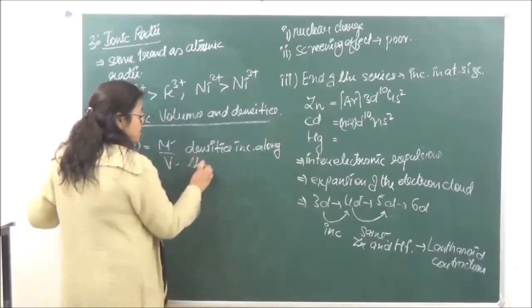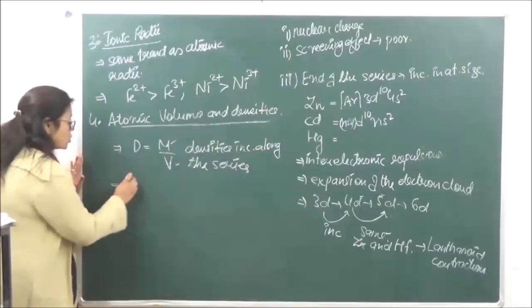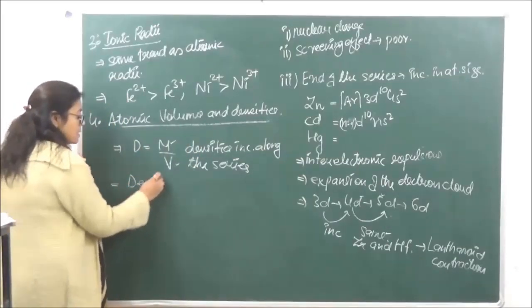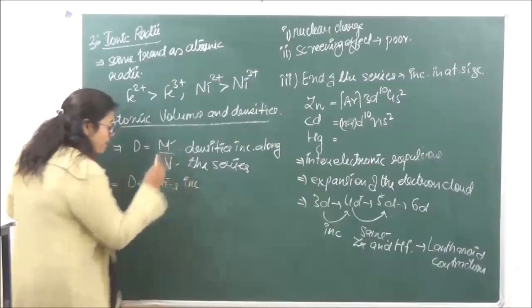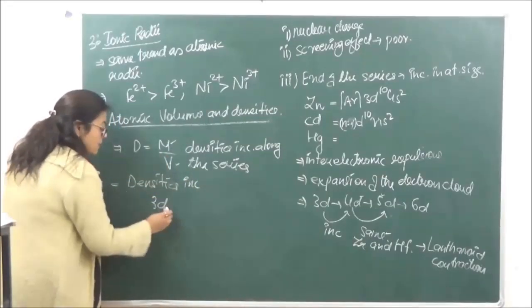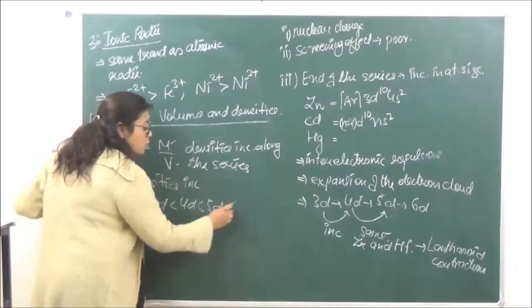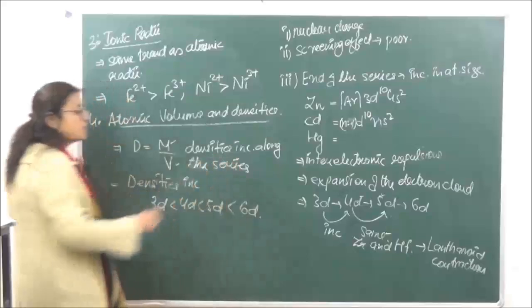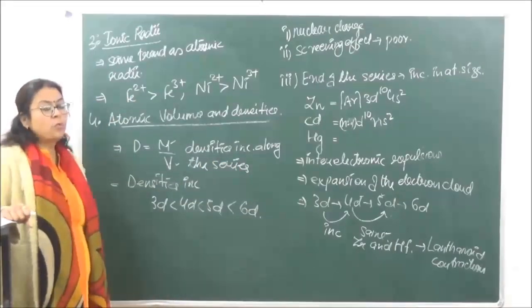The densities increase along the series, and the densities will also increase when we are moving from 3D to 4D to 5D to 6D. The densities will increase along the period or along the series and down the group as well.